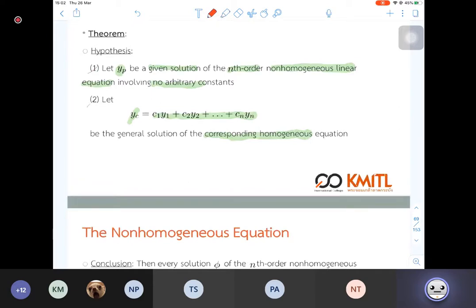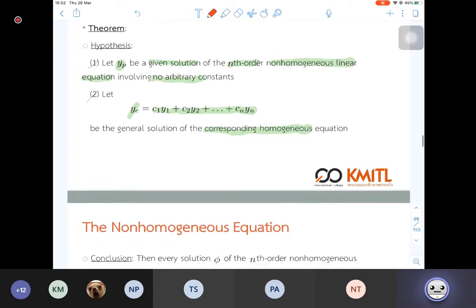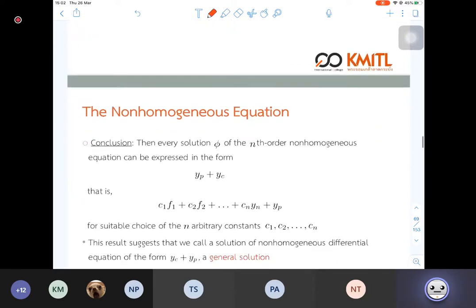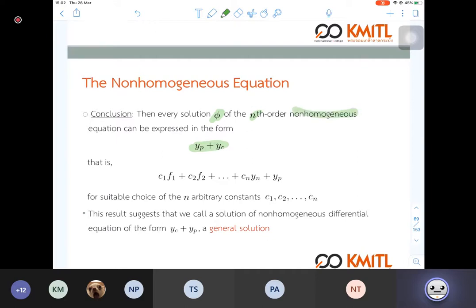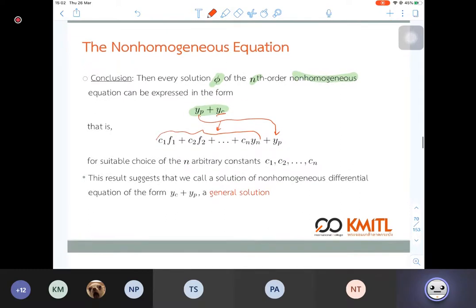If those two items of the hypothesis are satisfied, then we can conclude that every solution, let's say phi, of the nth order non-homogeneous equation can be written down as YP plus YC. And YP is just this term, but YC is all of these linear combinations, okay? And this is called a general solution for the non-homogeneous differential equation, okay?